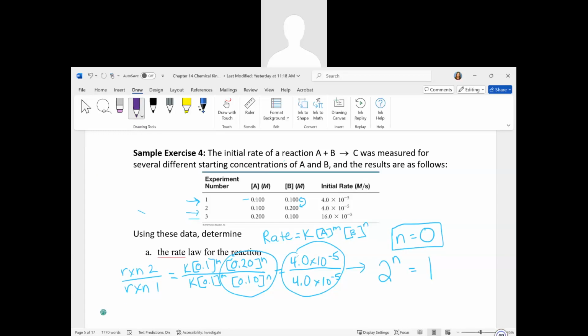So let's take a look at what we will include. Say we compared now reaction 3 to reaction 1, we could solve for the order of the reaction with respect to reactant A. So I'm going to take reaction 3 and put that over top of reaction 1.